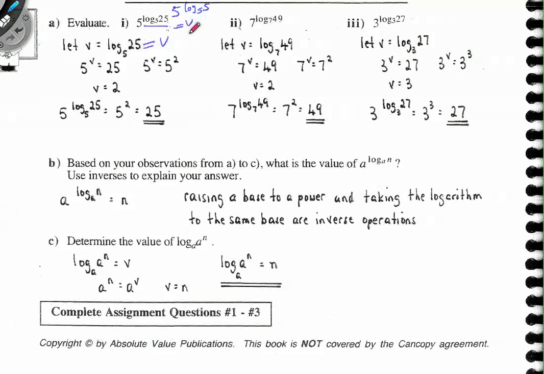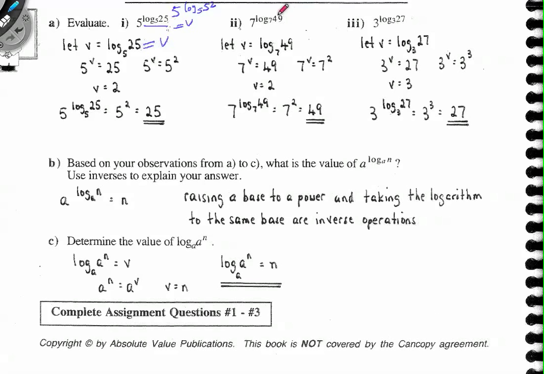Here we go. As we write it, 5 and the exponent is log 5 base 5, now notice 25 I've written as 5 to the 2. Now when we have this situation, log base 5 and the 5 here is raised to the 2, this whole thing here becomes 2. And we'll see that down here when we get further on.